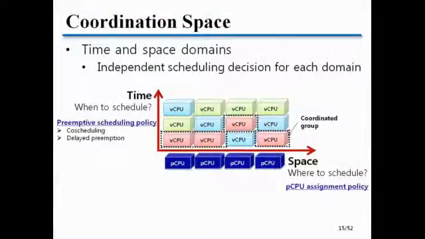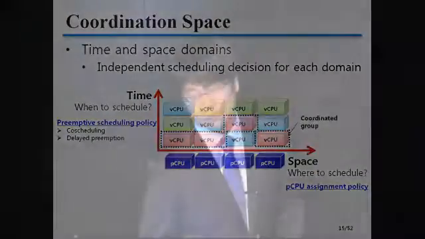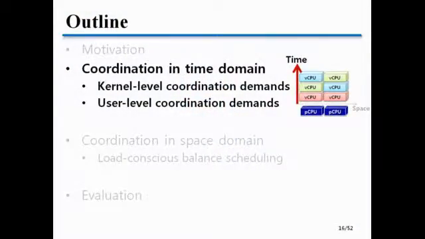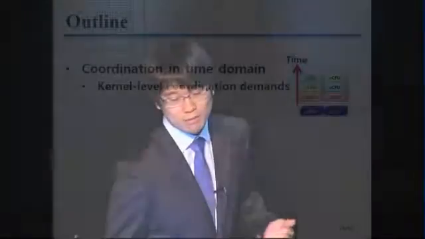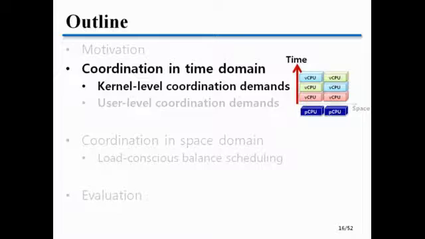In the space domain, we control where to schedule by manipulating the physical CPU assignment policy. I'm going to start with the coordination in the time domain. In this talk, let me focus on the kernel-level coordination demands, which have significant impact on the performance of most multi-threaded applications. For the user-level coordination, you can check out the paper for more details.